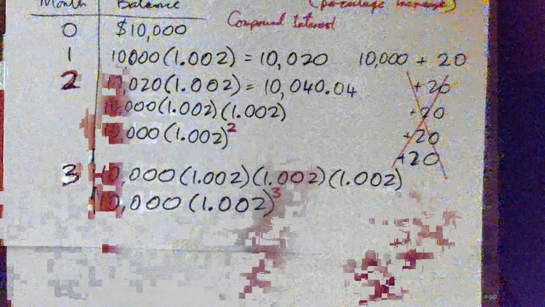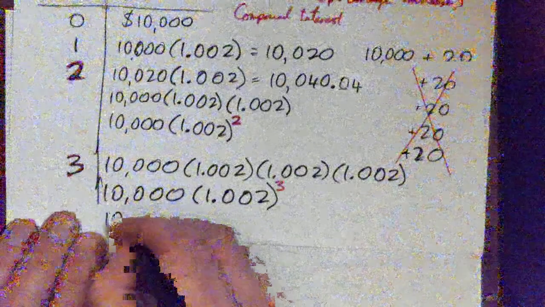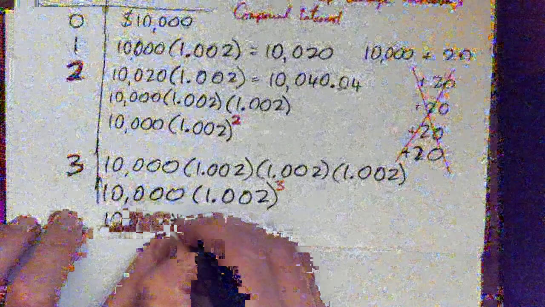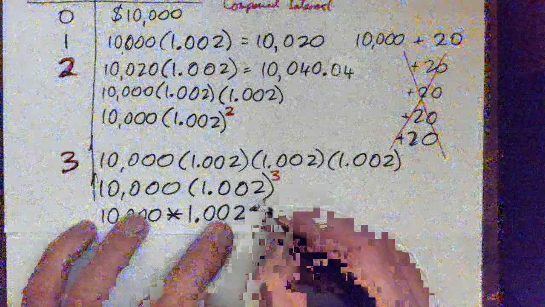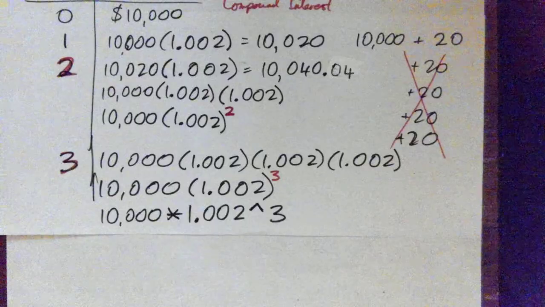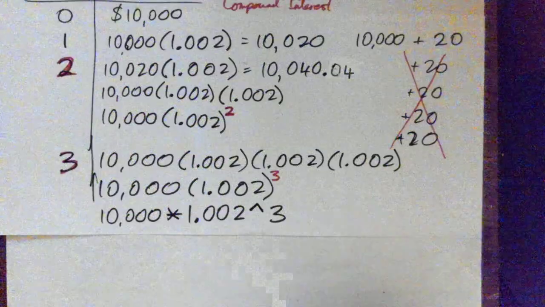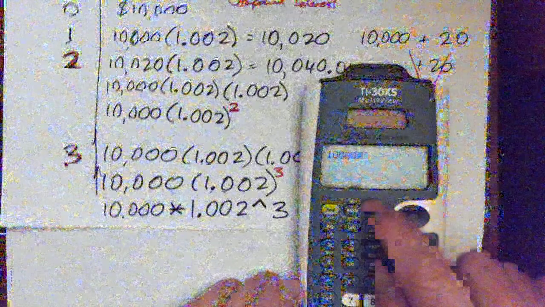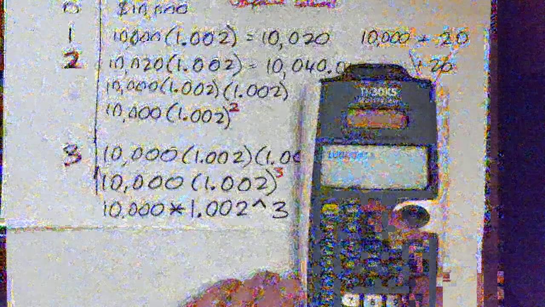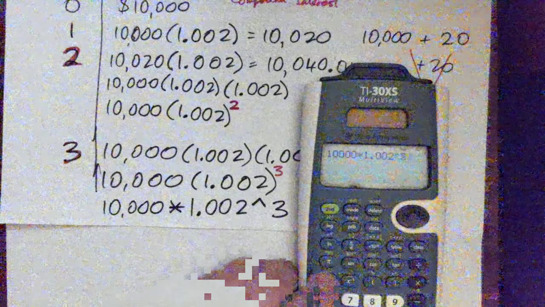And in your calculator, that would be 10,000 multiplied by 1.002 to the power, little hat sign, 3. And you can just plug that all in as a one-line entry. If I could find my calculator, I could do it too. But anyway, 10,000 times 1.002 to the power of 3.